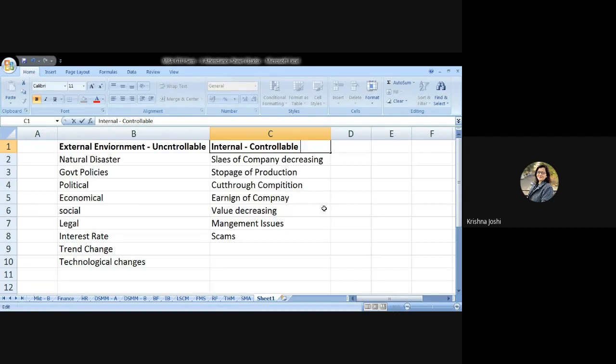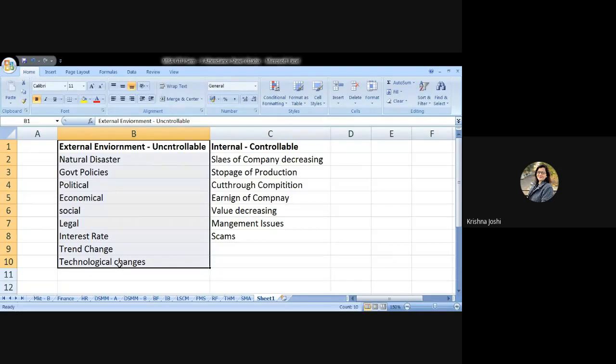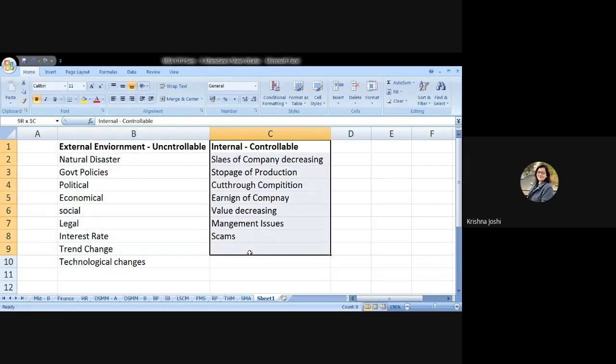We understood that this risk arises through the external environment and is uncontrollable. This factor arises due to internal factors and is controllable by the company. Now tell me, as an investor, what will I do, or how will I judge this risk factor?